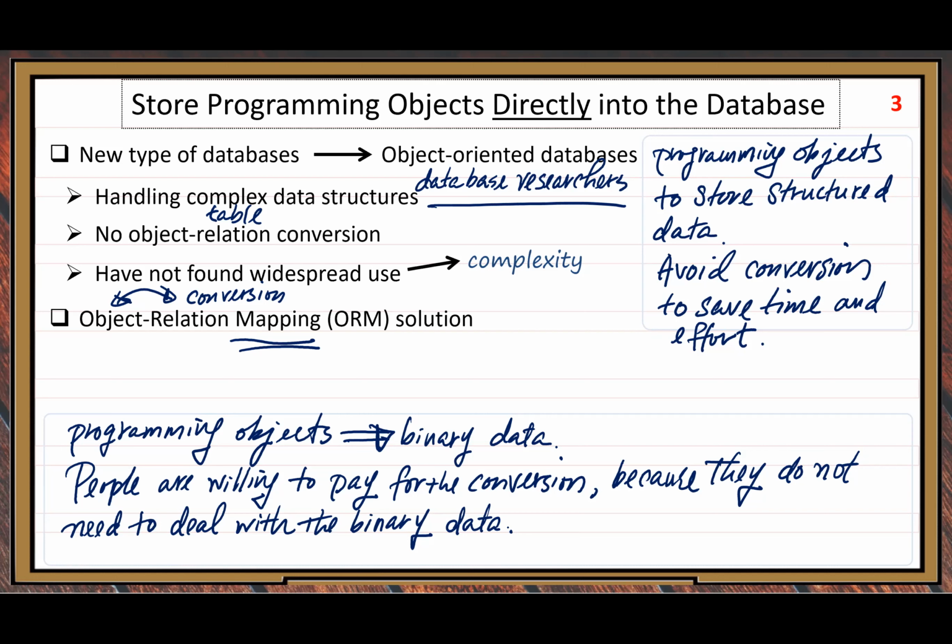The original programming objects are binary data. Nobody wants to deal with binary data with their eyes, right? Impossible. But using our eyes to view the data directly, that kind of capability, we never want to lose that, right?